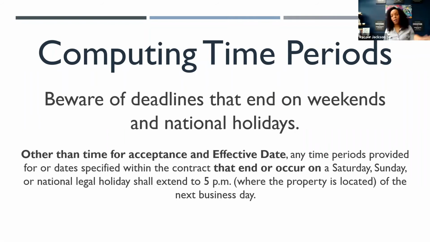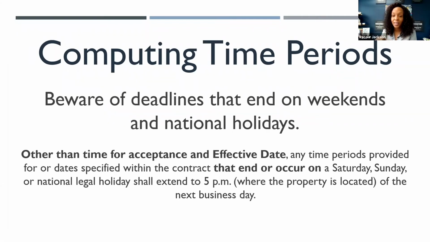And this is the hardest part of our discussion. So I do this and then the rest is a piece of cake. So the contract specifically says, other than time for acceptance and the effective date, those are two deadlines that are on page 1. The time for acceptance is on page 1. The effective date, the definition of it is on page 1.